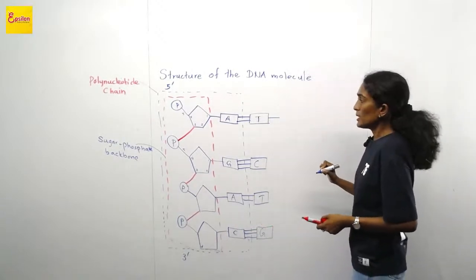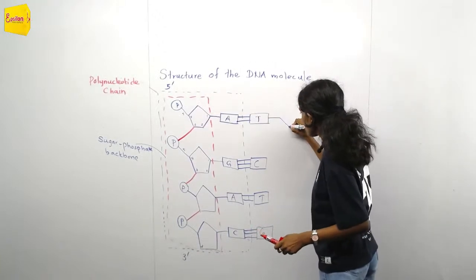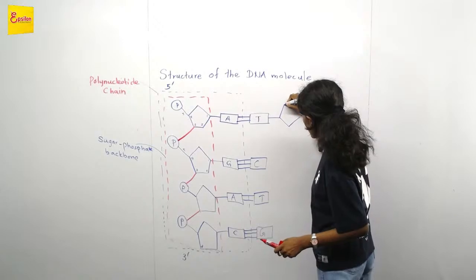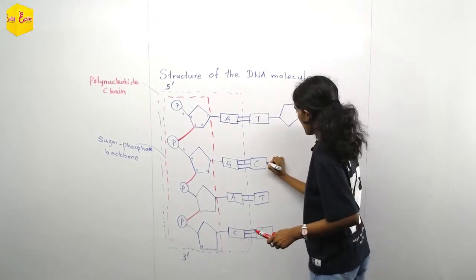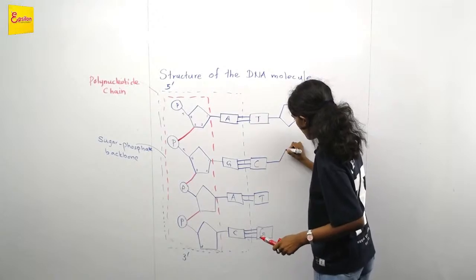So here, the nucleotide is not visible on the same side. It's found on the other side. Likewise, the phosphate group, the pentose sugar.